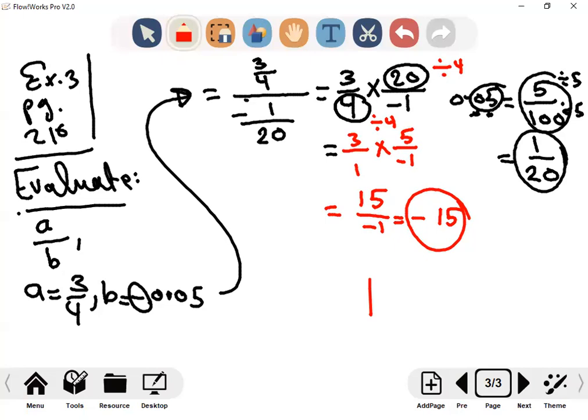Then the book replaced this A by 0.75, and so it will be 0.75 divided by negative 0.05. Use long division as we did in grade 5 or 6 before. The answer will be what? Negative 15. It is the same. Done.